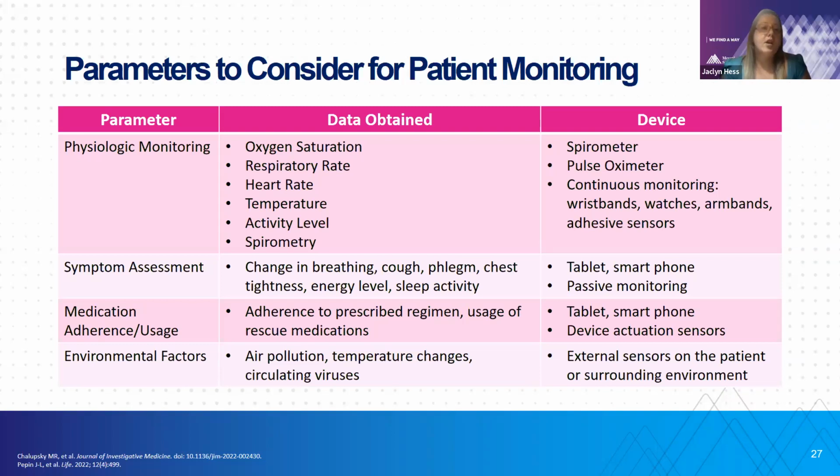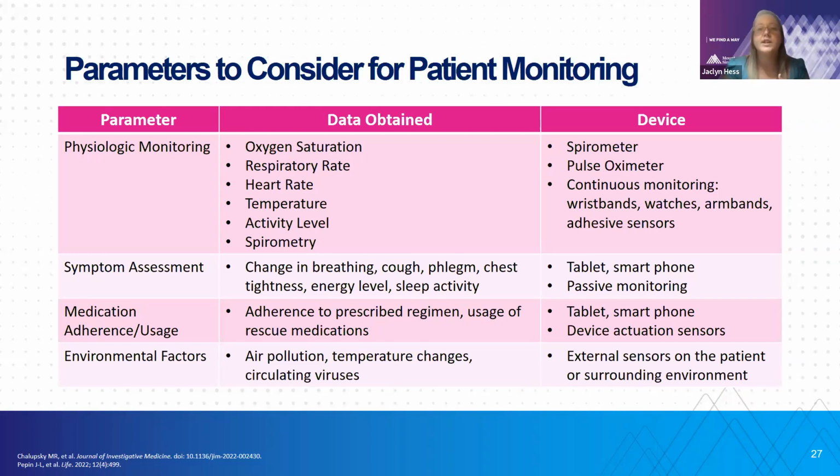And then there are passive monitoring devices available that can be utilized to assess medication usage, such as counters to be placed on inhalers, as well as sensors for external factors. And those environmental sensors would allow us to get an idea of what the patient's being exposed to every day. They're typically placed around the house and help us identify if there's any exposure to pollution, temperature changes, circulating viruses.